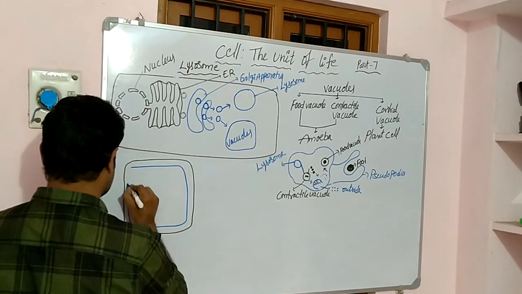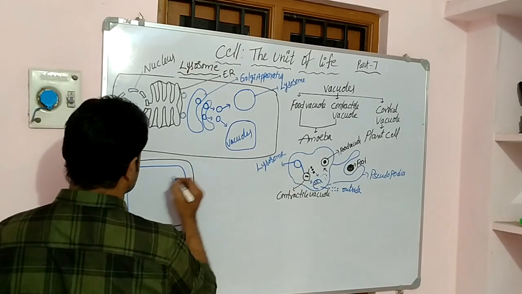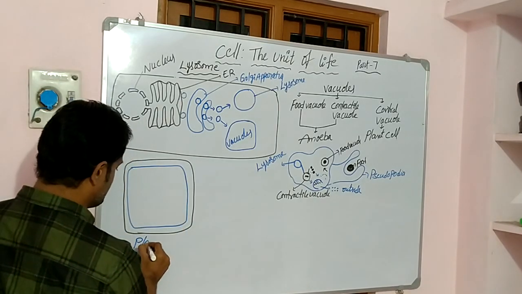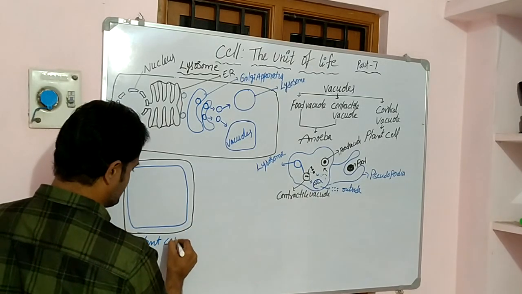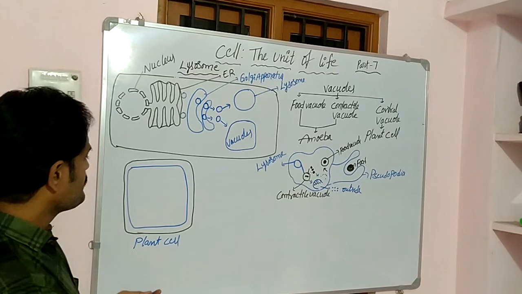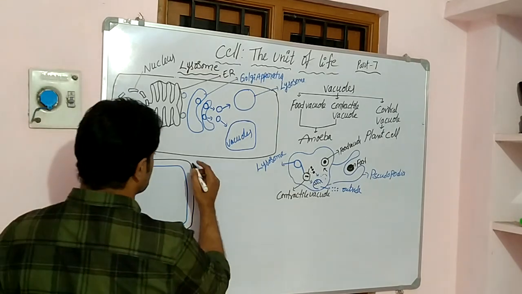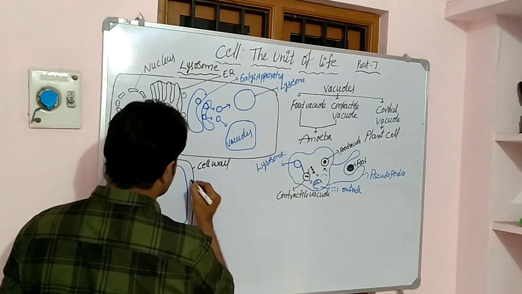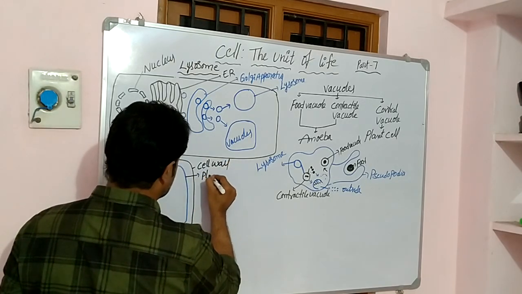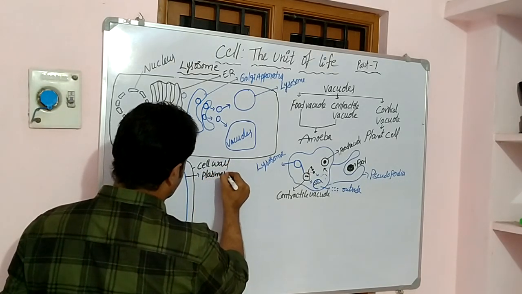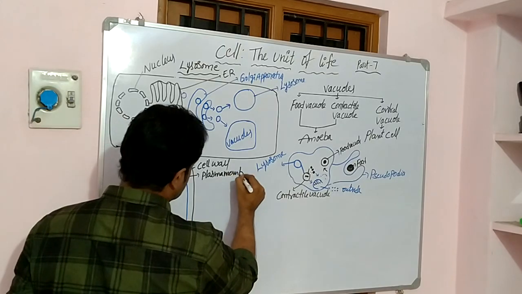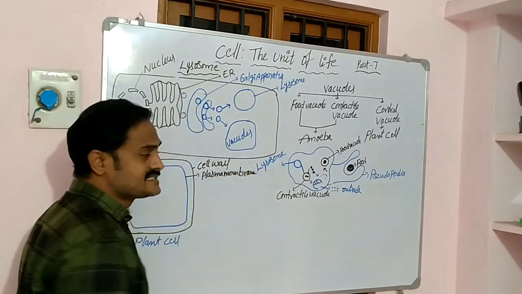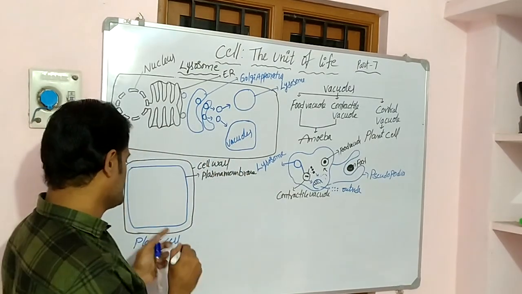See here, this is a plant cell. Which type of cell is it? Plant cell. In the plant cell, the outermost layer is called cell wall and the innermost layer is called plasma membrane. Both are present in the plant cell.